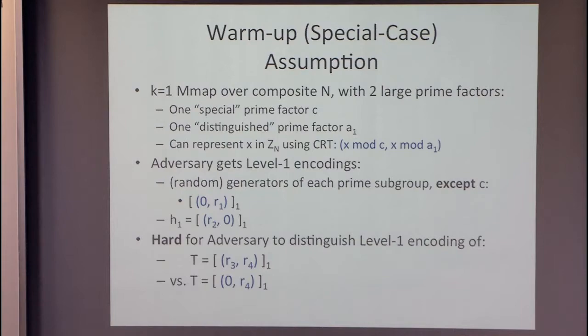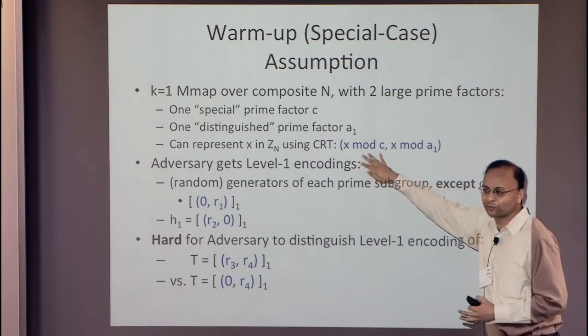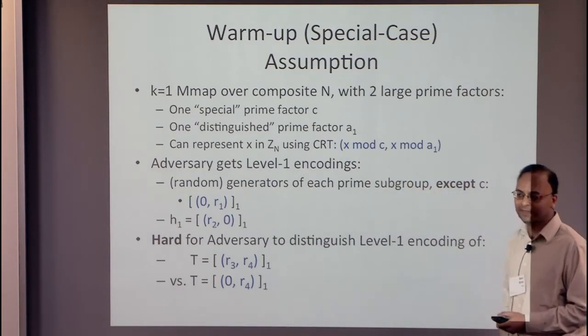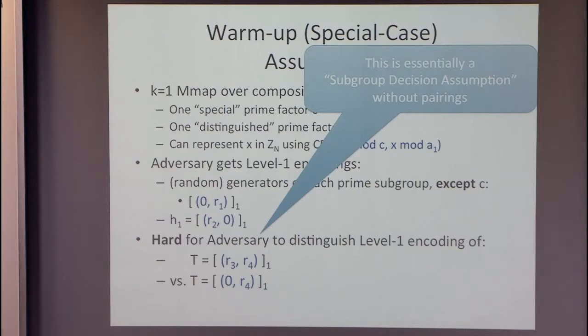Okay? So again, intuitively what we're doing here is we're assuming that the encoding hides the structure with respect to the primes here, right? This is essentially the subgroup decision assumption without the pairings. Okay, so this is just the idea. For those of you who are familiar with the subgroup decision assumption, this is very similar, but even without any pairing being there.